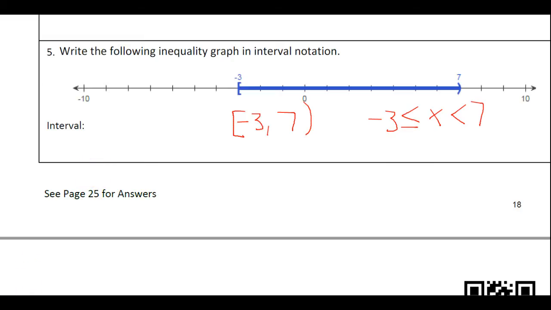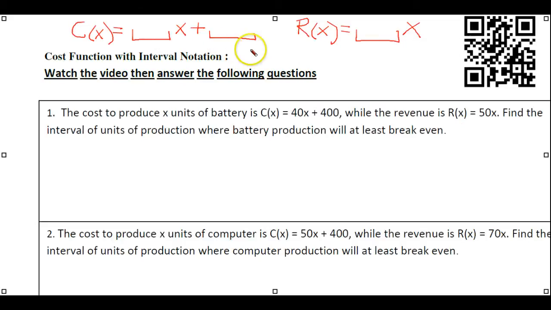Okay, not too many examples, but you'll have your practice and quiz me's. Now a little quick background here is when we're dealing with cost function and we look at these two equations that are in function form, this is the cost function.